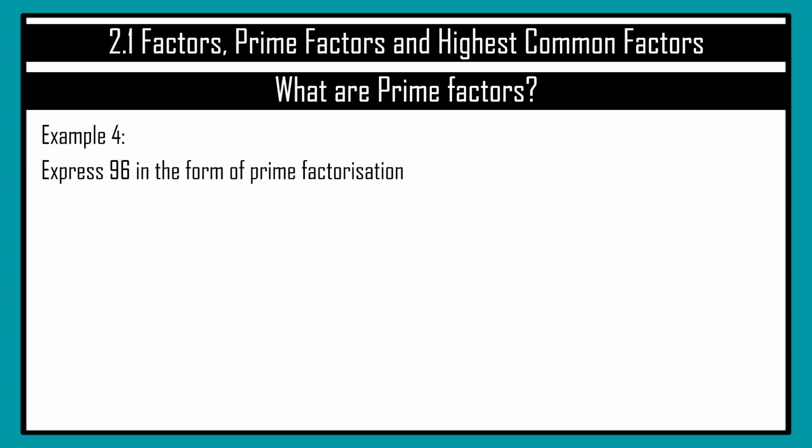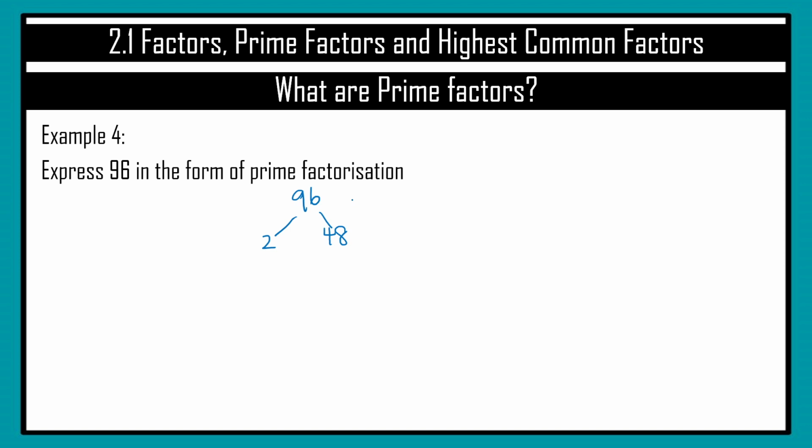Alright, so did you get your prime factorization with the factor tree? Okay, let's do them together. Alright, so 96, I can divide it with 2. So I'm going to start with 2. When I divide, I get 48. So 2 I cannot divide anymore.